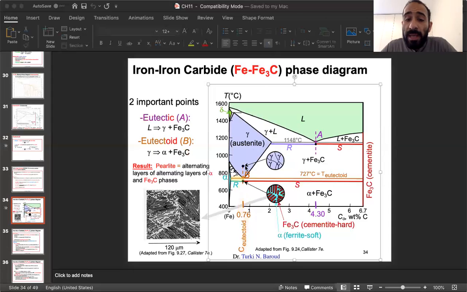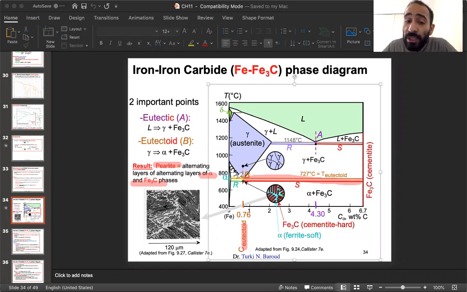If you have a composition that is higher than eutectoid, that is called hypereutectoid. Now, if you have the eutectoid composition, all the gamma austenite will transform to one type of alpha and one type of iron carbide. It's called the pearlite structure, which has alternating layers of alpha plus iron carbide.